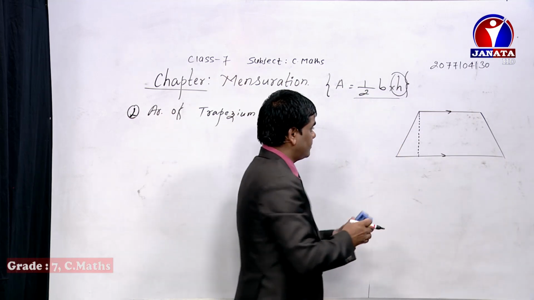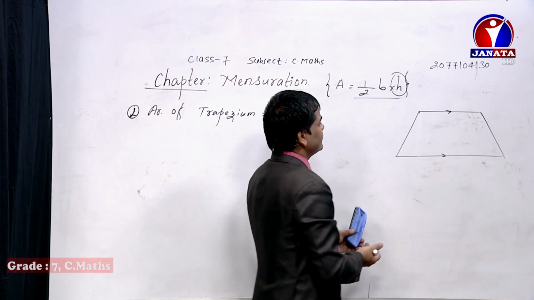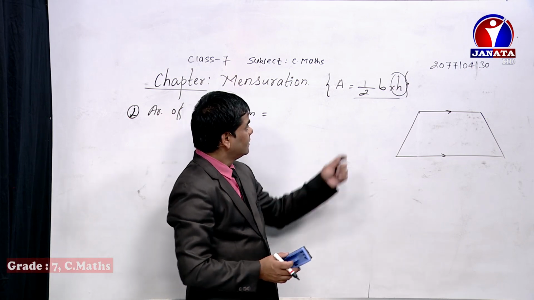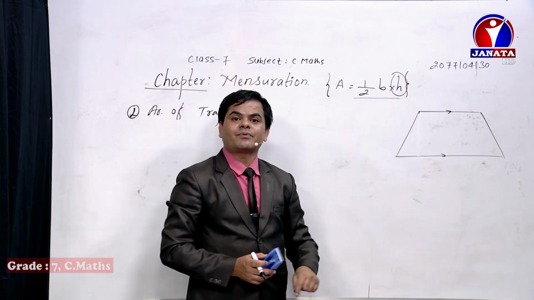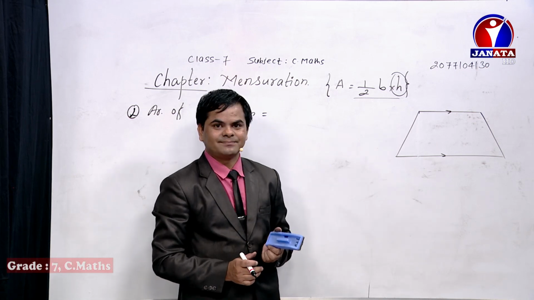Before constructing a perpendicular line, let's divide the whole trapezium into two triangles, because we are going to use the formula of triangle in order to derive the formula of trapezium, isn't it?